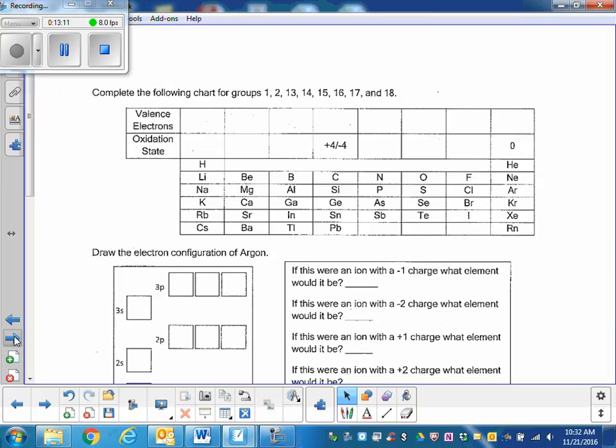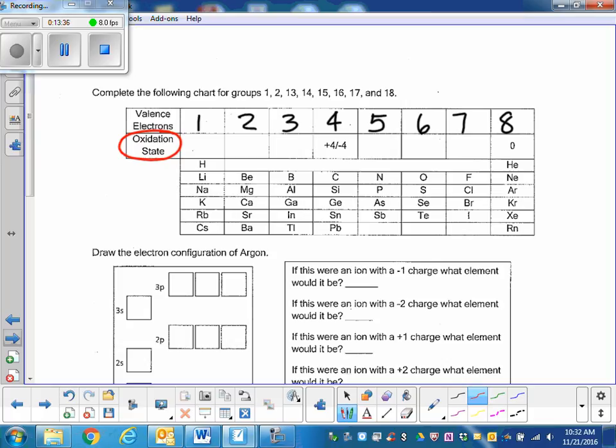Let's go ahead and write out the valence electrons. So this is 1, 2, 3, 4, 5, 6, 7, 8. And oxidation state, kids often get confused with this term.